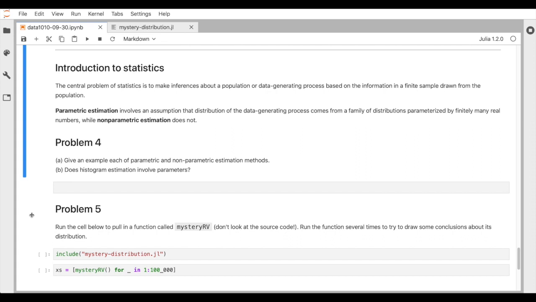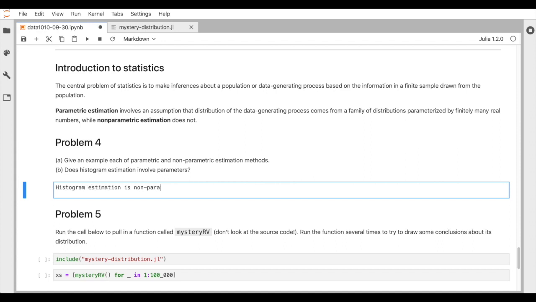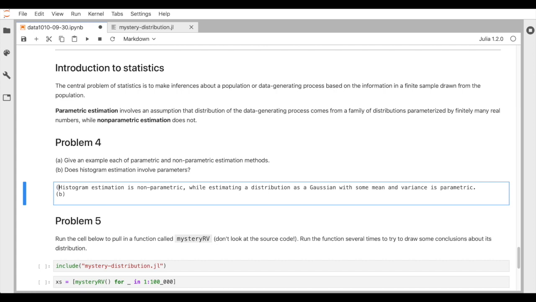You can think of a particular non-parametric estimator from the examples we've done so far, and that's histogram estimation. A word of caution, though, is that non-parametric does not mean that there are no parameters involved. For example, histogram estimation does involve choosing a parameter, namely the number of bins.